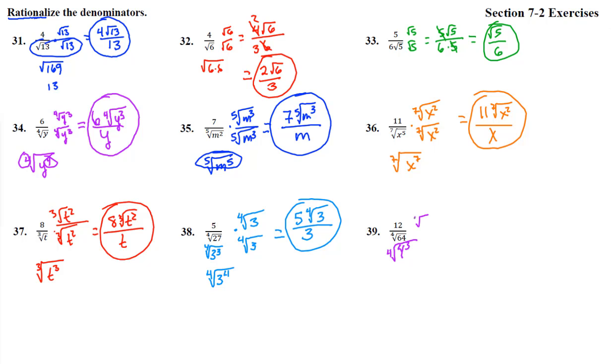So we're going to multiply top and bottom by the 4th root of 4. So we get 12 4th roots of 4 over this, in slow motion, 4th root of 4 to the 4th gives us just a 4. And 12 divided by 4 is a 3. 3 4th roots of 4. All done.